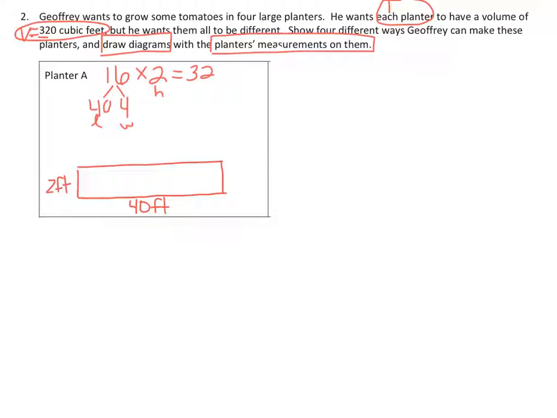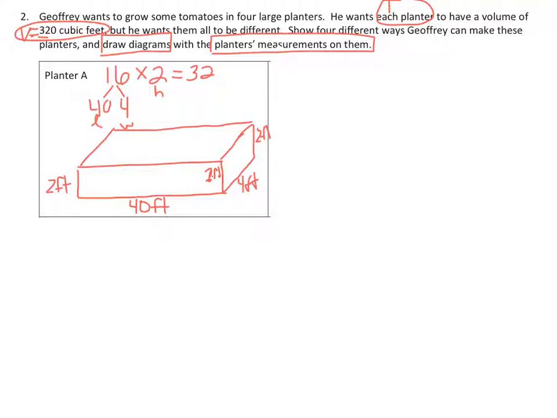And my width is 4. Alright. So now I'm just going to finish my 3 dimensions. Alright, beautiful. And if I needed to, I could even do my 2 feet here or my 2 feet here. I mean, I don't have to do it on that left. I just did because it was easier for me.